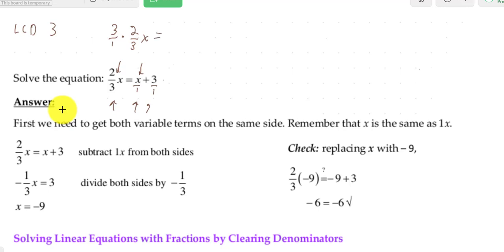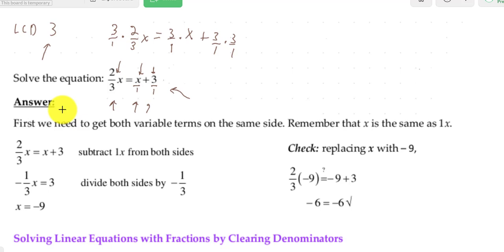So 3 over 1 times x. And then the last term, I'm going to multiply by 3 over 1 as well. So this is 3 over 1 times 3 over 1. So I've multiplied all three terms by my LCD, which is 3 or 3 over 1.